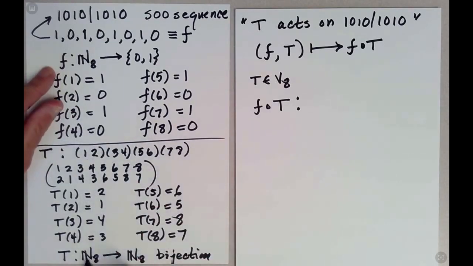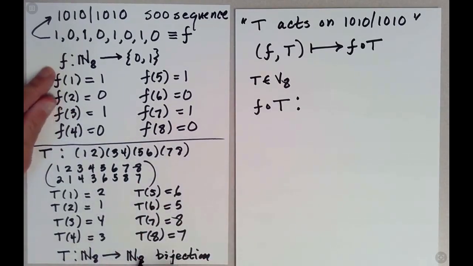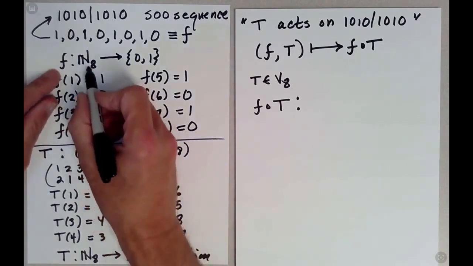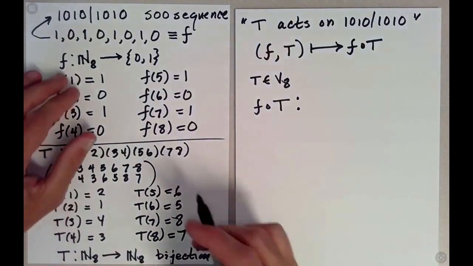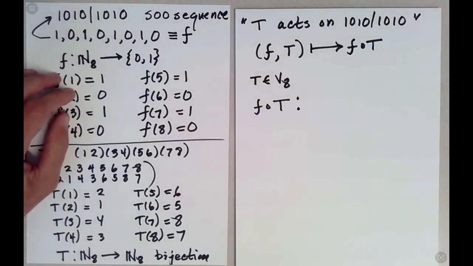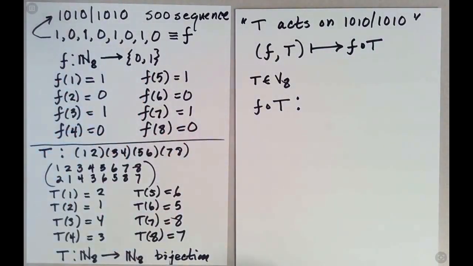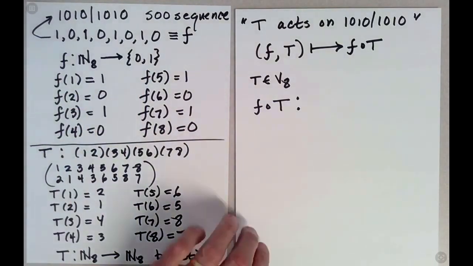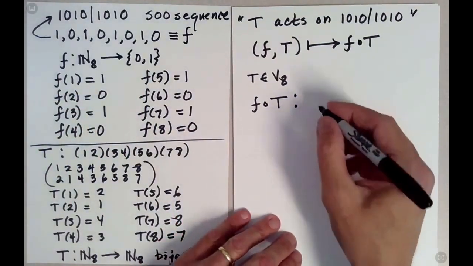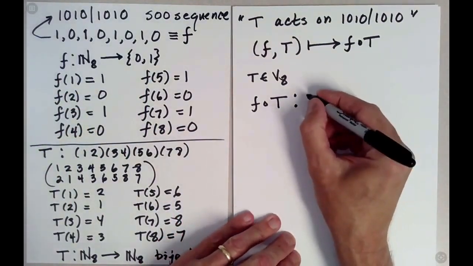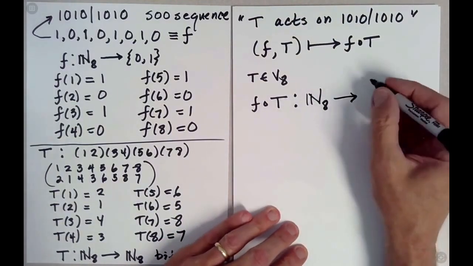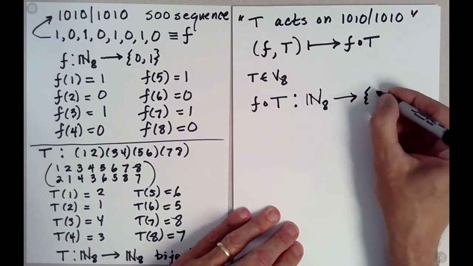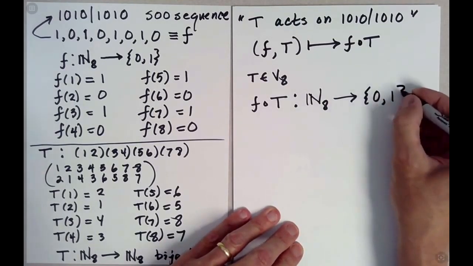So we're going to start at n8, we'll end up in n8, and then that will feed into our function f that has domain n8. And then at that point, we will get an output of a 0 or a 1. Okay? So indeed, this will be a function from n8 to the set with 0 and 1 in it.